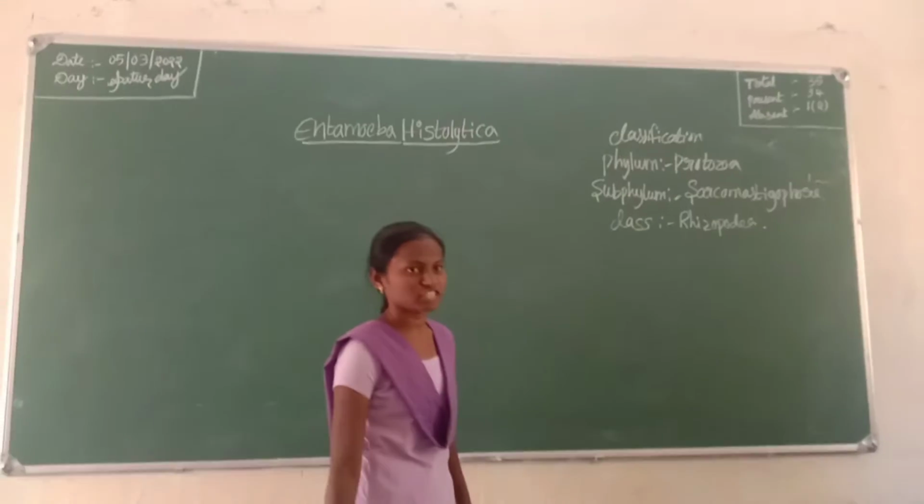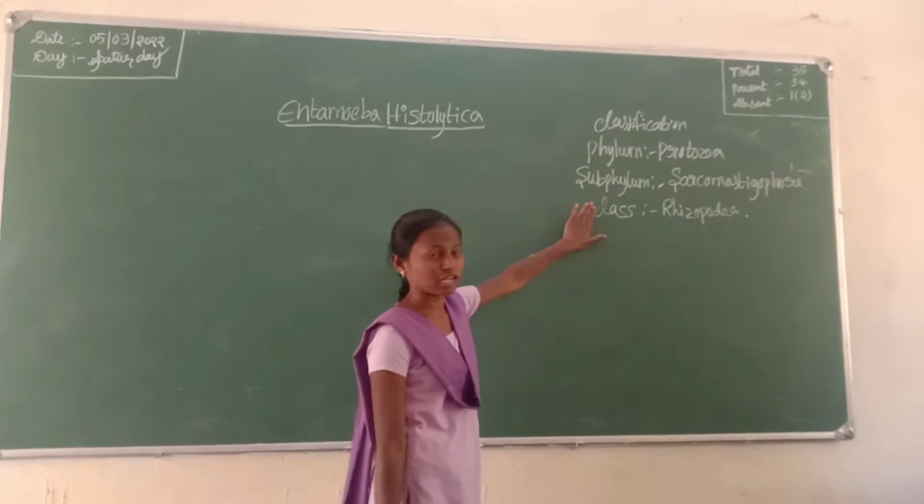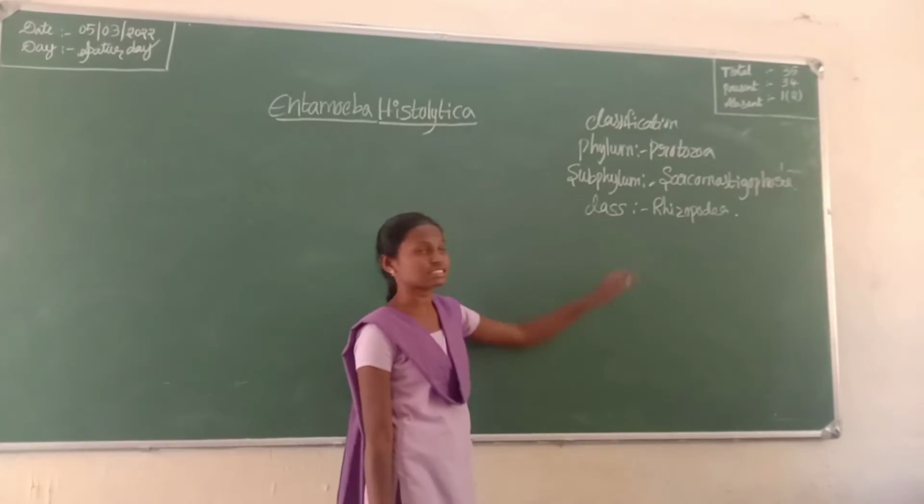This is the classification of Entamoeba histolytica: phylum is Protozoa, subphylum is Sarcomastigophora, and class is Rhizopodia.